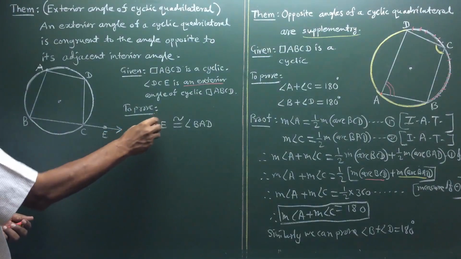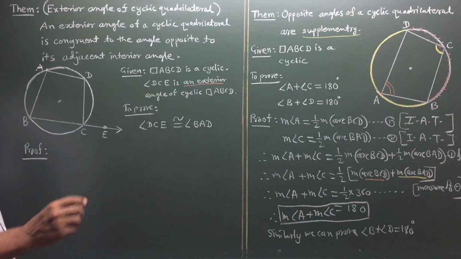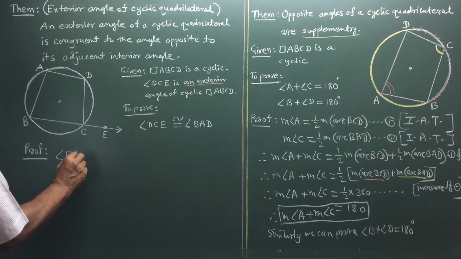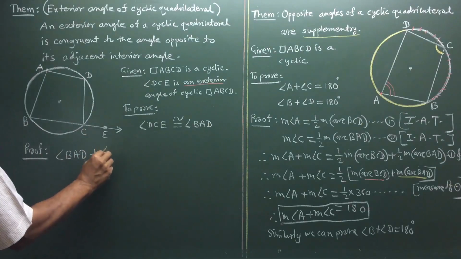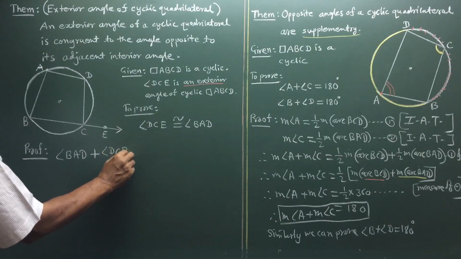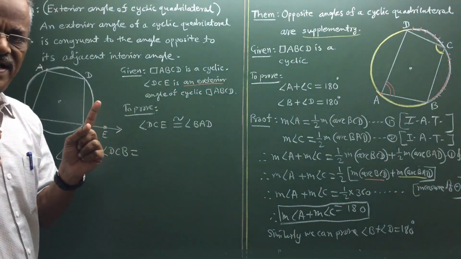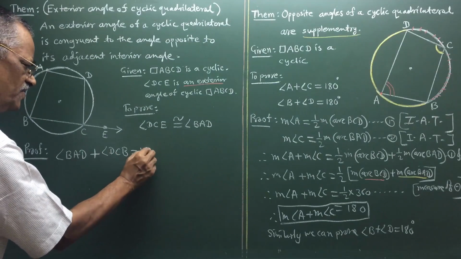So we can write down proof of this theorem. What is that? BAD plus DCB, we can use this theorem. Opposite angles of cyclic quadrilateral. So what is the total?